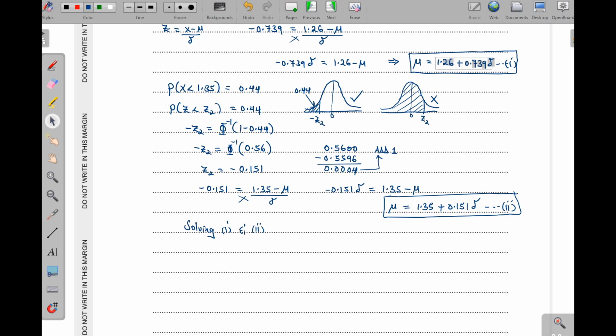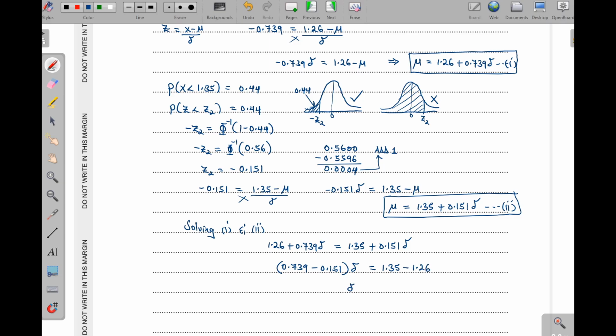So this one here, okay, then we equate it to this one here, just like that, and then we collect like terms together, so 0.739, then minus 0.151 of the standard deviation. So I brought this one here, then take this one this side, okay? All right, so this one is going to be equal to 1.35 minus 1.26.